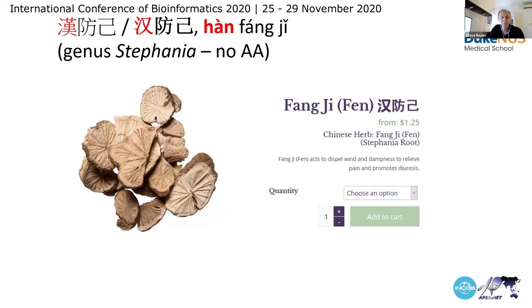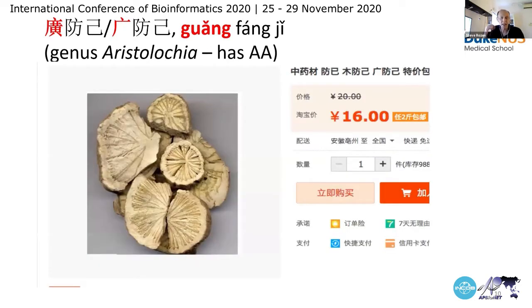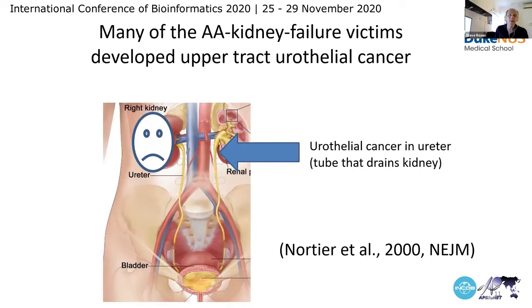It doesn't have AA. And this is the one that contains AA, Guang fangji. It's a totally different type of plant, but the dried roots look very similar. And it turned out that many of the kidney failure victims went on to develop upper tract urothelial cancer. Urothelial cancer is in the ureter, which is the tube that drains the kidney.